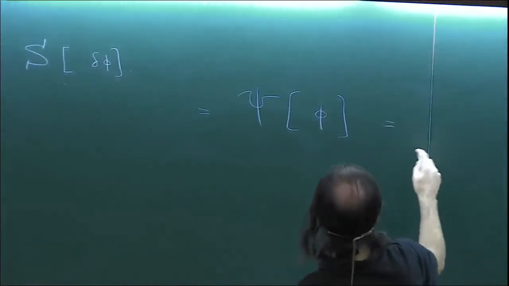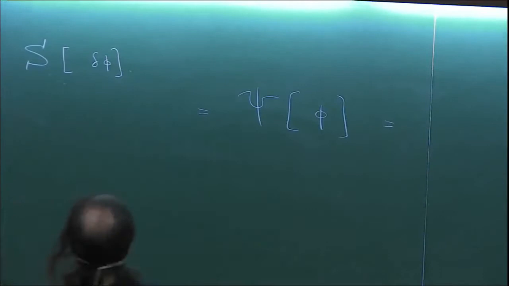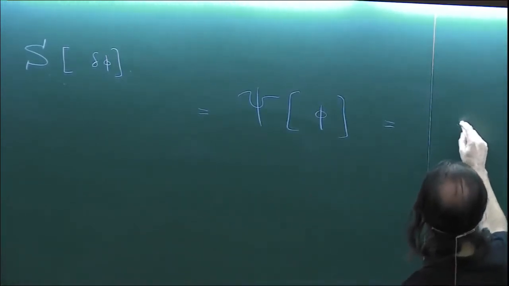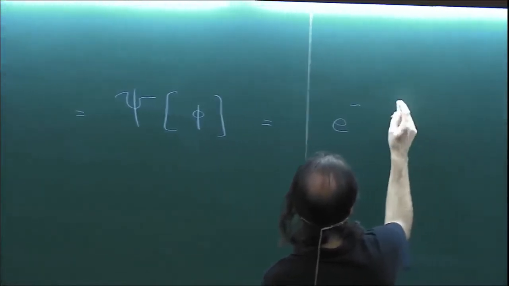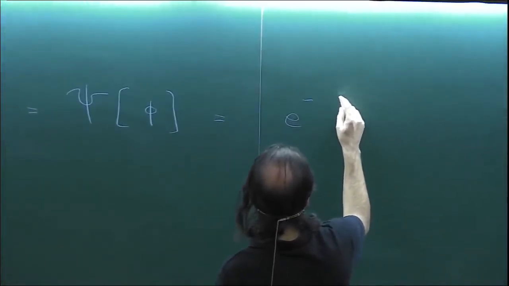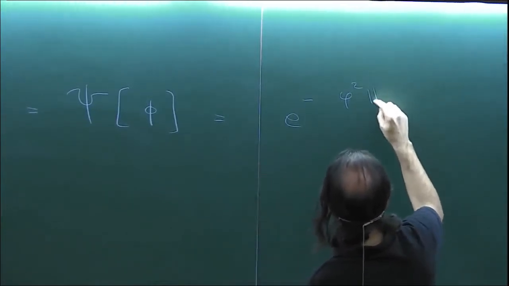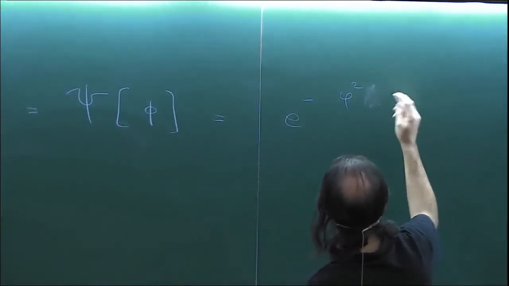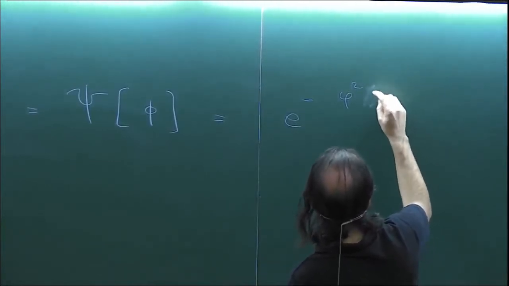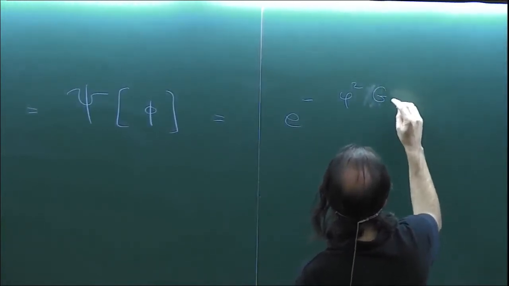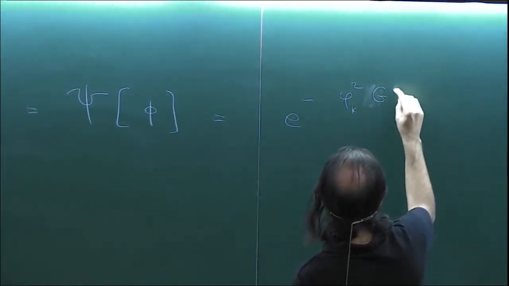The piece which is just e to the i S classical is already giving us an e to the minus phi squared times whatever we got here, the Gaussian part, which can depend on k in some interesting way.